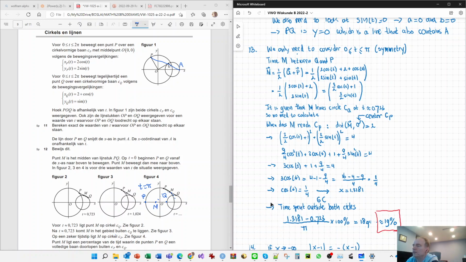So then we know the time interval it spends here, and we want it as a percentage, so we divide it by the total time spent here, half a period, times 100%, and you get 19%.